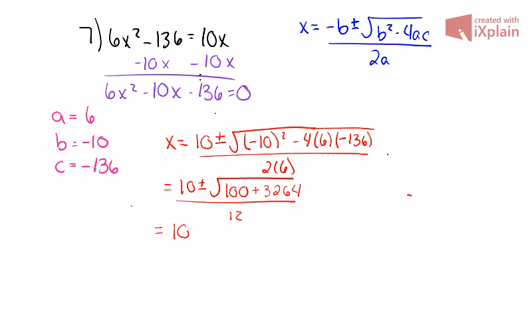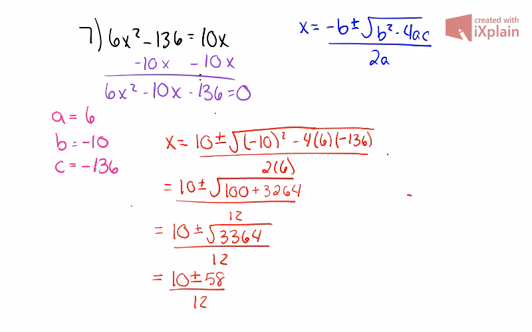And I'm still simplifying. So I have 10 plus or minus the square root of, well, this will give me 3,364 all over 12 when I add 100 and 3,264. And then the square root of 3,364 is 58.